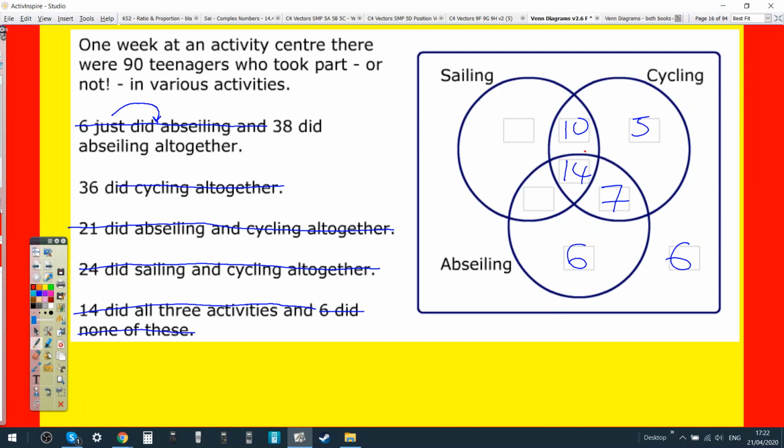So abseiling is this whole circle. And so that's like they did all 3. They did abseiling and cycling. They did abseiling and sailing. They did abseiling only. These have to add up to 38 people.